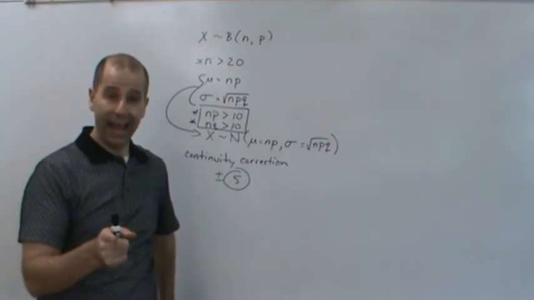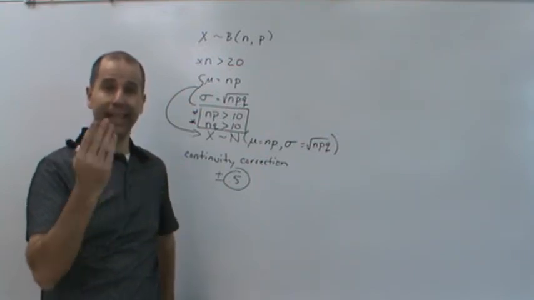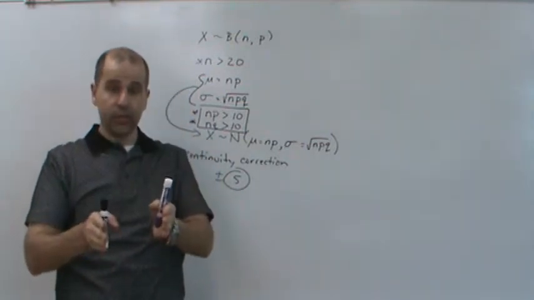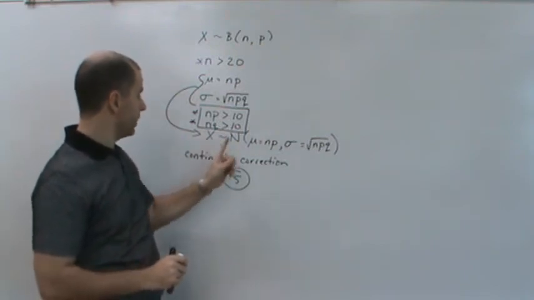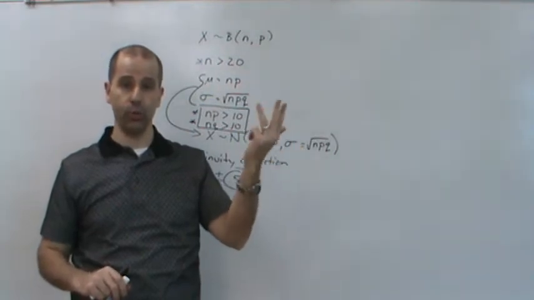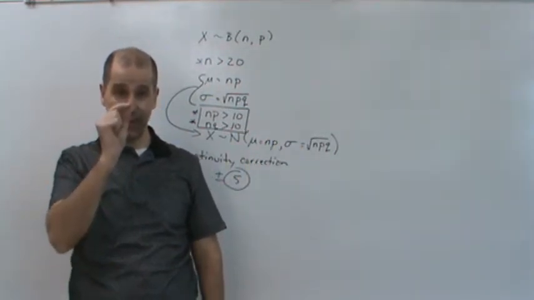So what do we have when we graph a discrete random variable? We get a histogram. Well, histograms have bars, right? And the center of each bar is centered at the different values of x. Remember, x is 0, 1, 2, 3, and so on. So the middle of the bar is the x value.